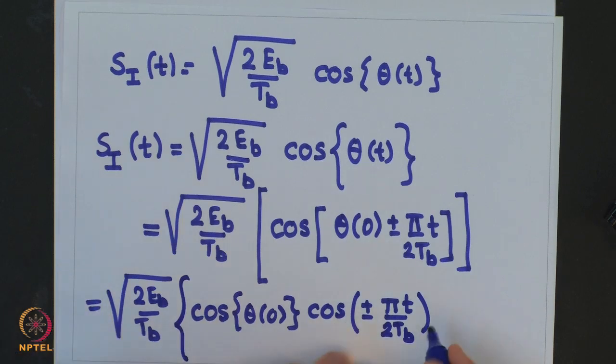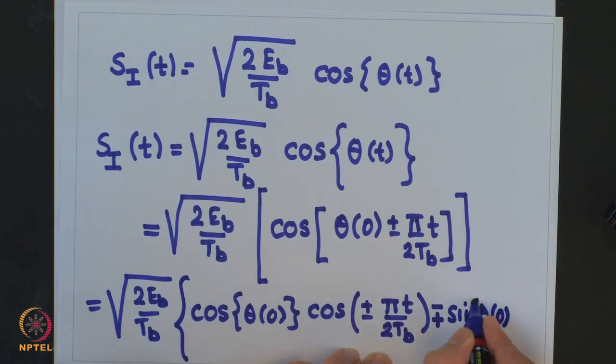And the other term would be minus plus sine of theta(0) multiplied by sine of pi t by 2Tb. Now, remember, theta(0) can take value 0 or pi. So, this quantity will go to 0.